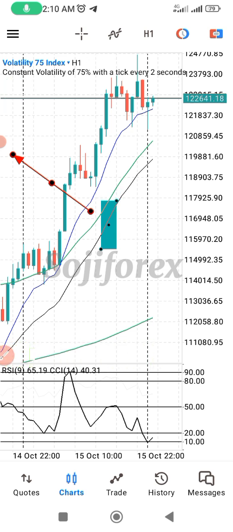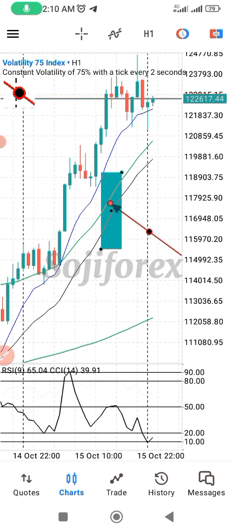This action of the candlestick simply depicts the reactions of the traders. It means that buyers push the price up, sellers push the price down. Buyers push the price up, sellers push the price down. And then finally, buyers push the price up.